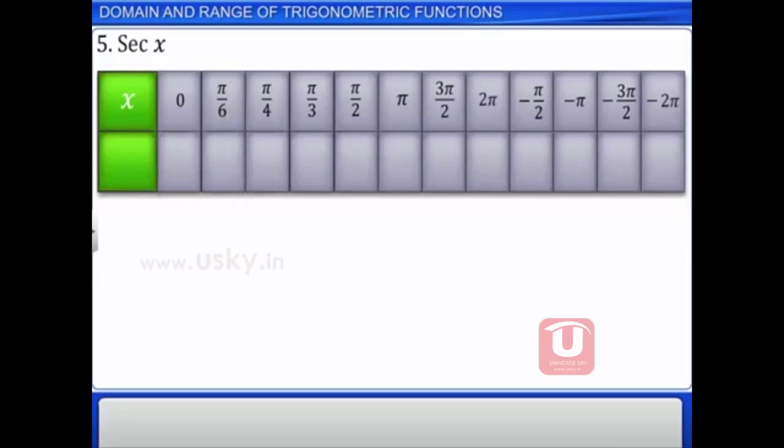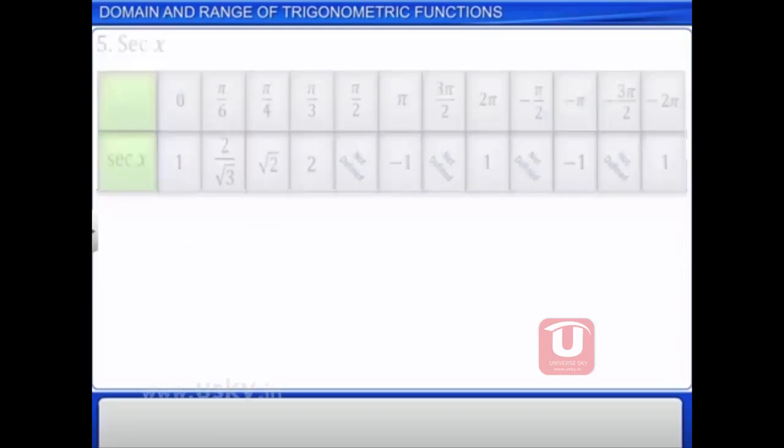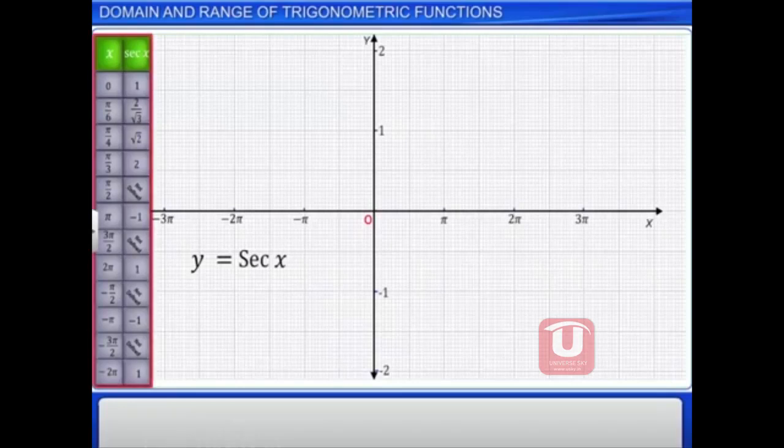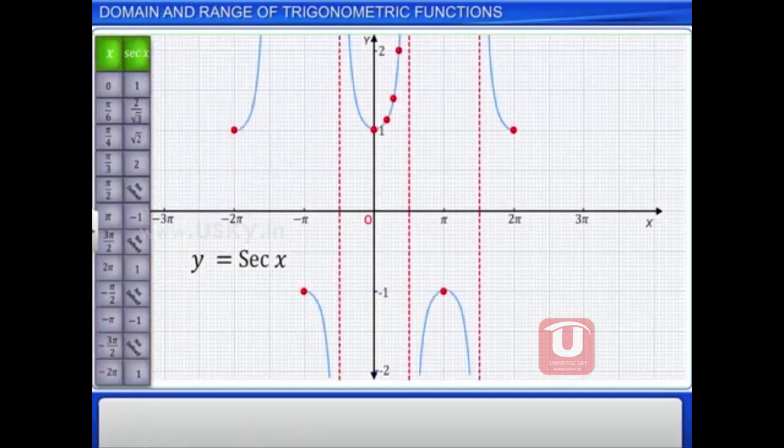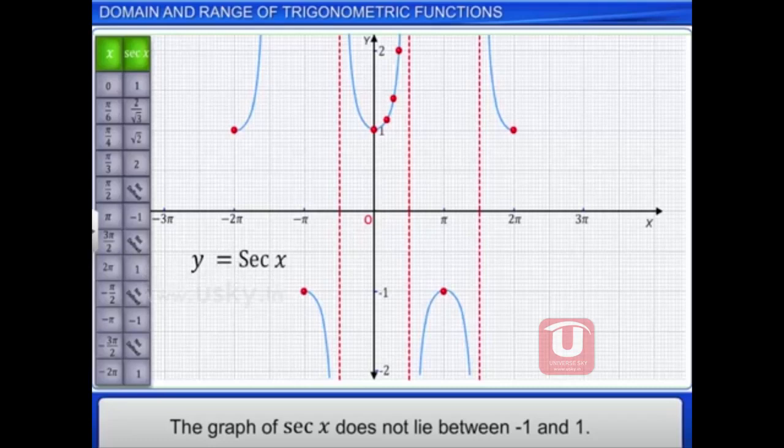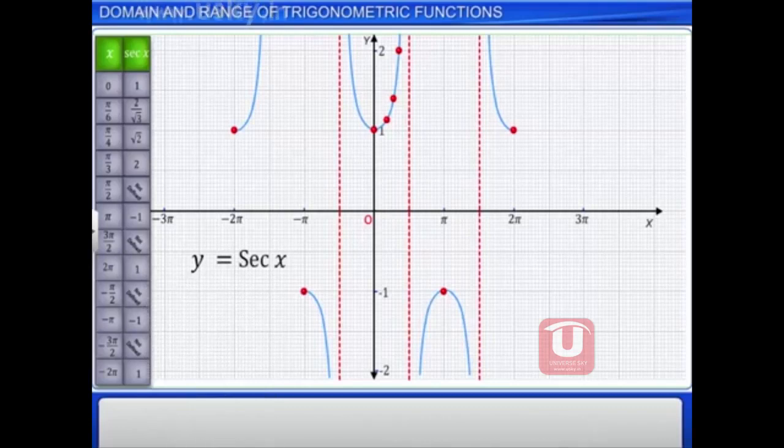The corresponding values of secant x are as shown. On plotting the values of x on the x-axis and the corresponding values of secant x on the y-axis, we get the graph of secant x. From the graph, it is clear that secant x does not lie between -1 and 1.